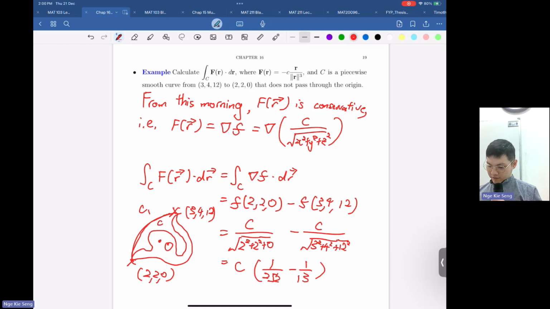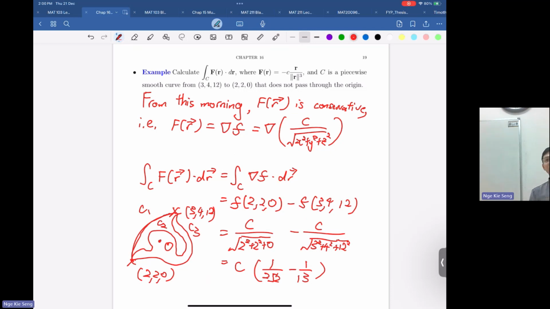For C1, C2, C3, they all give the same answer regardless of which curve you pick. If your vector field is conservative, your line integral doesn't depend on path. You just need to know where it starts and where it ends.